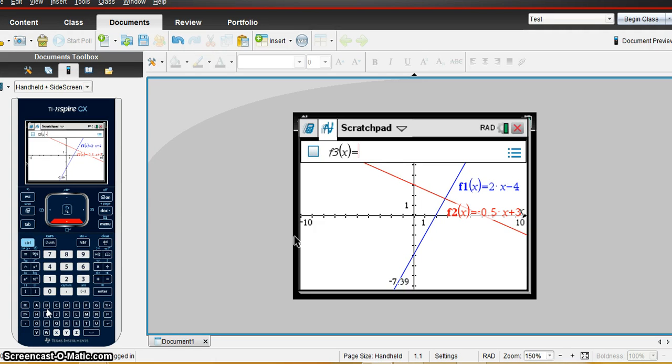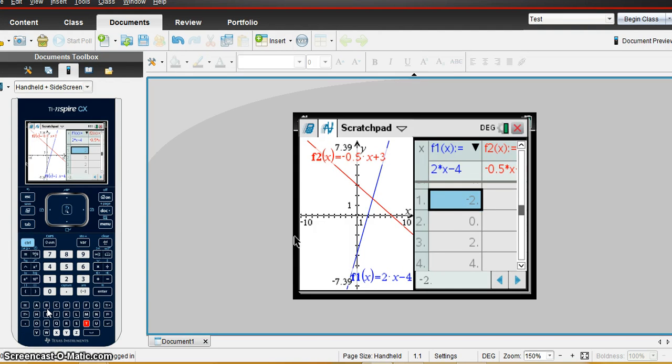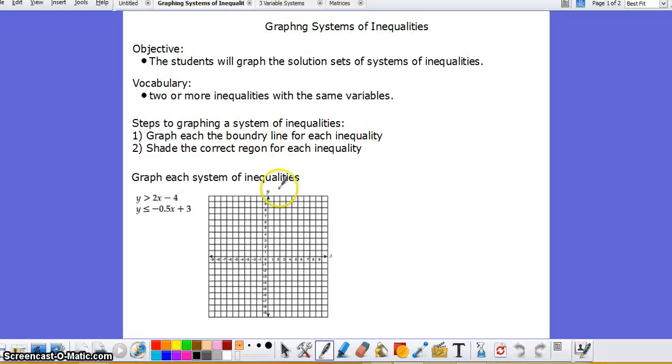We can then press Control T to bring up the tables. Right here I can look at both of them if I go over. When I do that, I need 2 points. So we have y is greater than 2x minus 4, and y is less than or equal to negative 0.5x plus 3. I want to create a quick table for both of them.